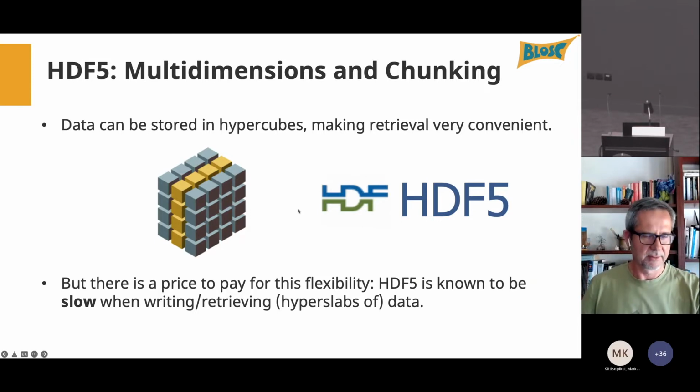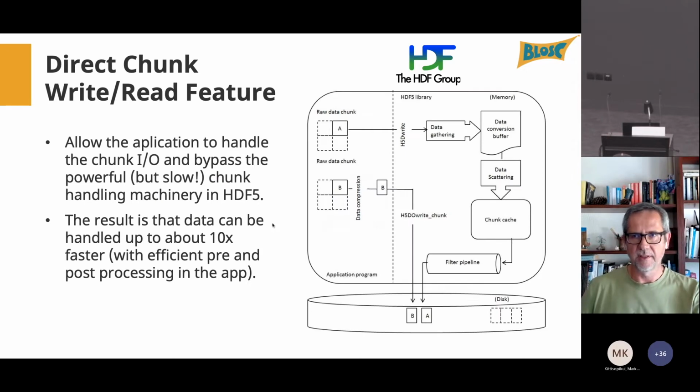Well, as all of you know, HDF5 is all about multi-dimensions and chunking. Data can be stored in hypercubes, making retrieval very convenient. But there is a price to pay for this flexibility, and HDF5 is known to be slow when writing and retrieving hyperslabs of data. This is well known by the HDF Group, and in fact they provided some years ago a way to bypass the powerful, although slow, chunk handling machinery in HDF5.